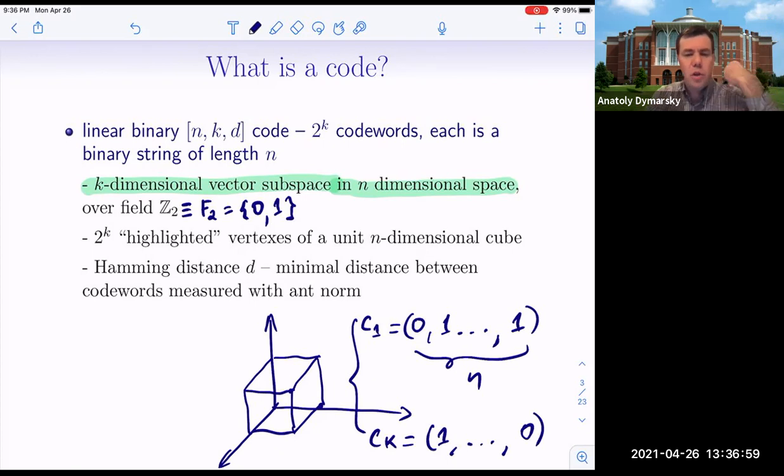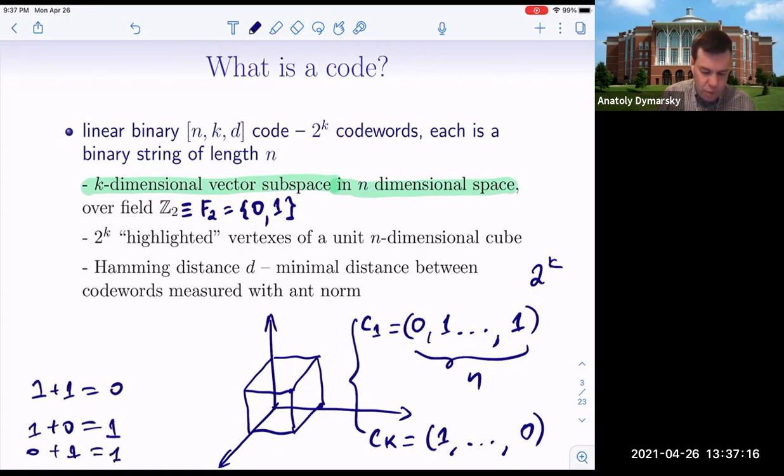Then you start adding these basis code words together in all possible 2 to the k combinations, and you do all the algebra mod 2. So 1 plus 1 is equal to 0, 1 plus 0 is equal to 1, and 0 plus 1 is equal to 1. So starting from k basis code words, you have 2 to the k possible code words, and they obviously form a linear space. This is your classical code.